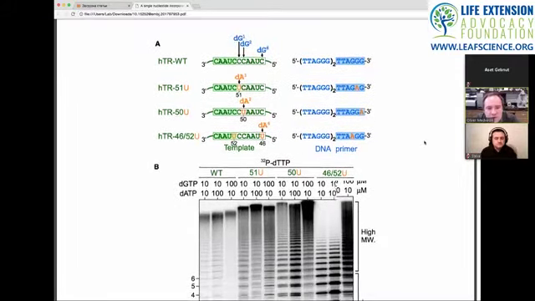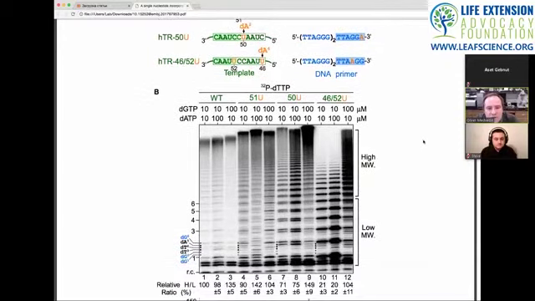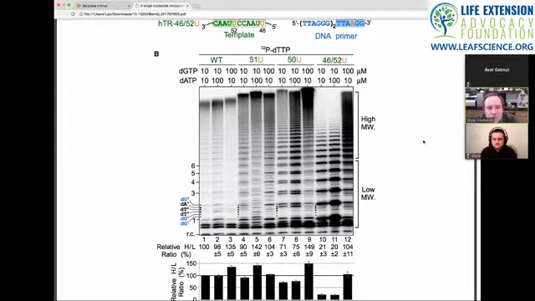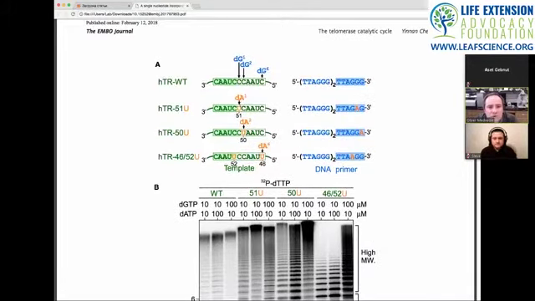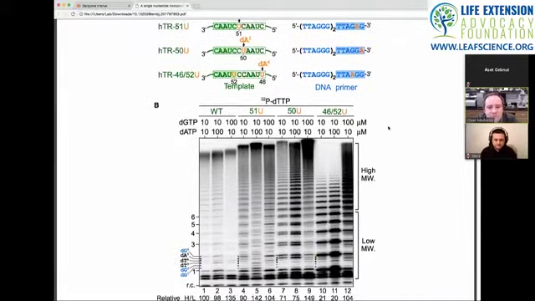So they made these various mutant templates, and the take-home message basically is that this is wild type. You have increasing GTP here, ATP, 51U, so we're going to focus here. This is the rate limiting one.